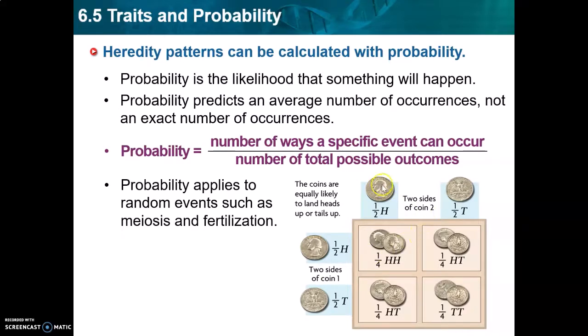If we think of this coin as a gene and there's the head allele and the tail allele, there's equal probability if we were to flip a coin that it would land on heads versus tails. So the Punnett square is already doing a lot of our probability calculations for us if we have it set up with 1 allele here, and then 1 allele on the side and the other allele down on the bottom. So that is how our probability rules relate to those Punnett squares.